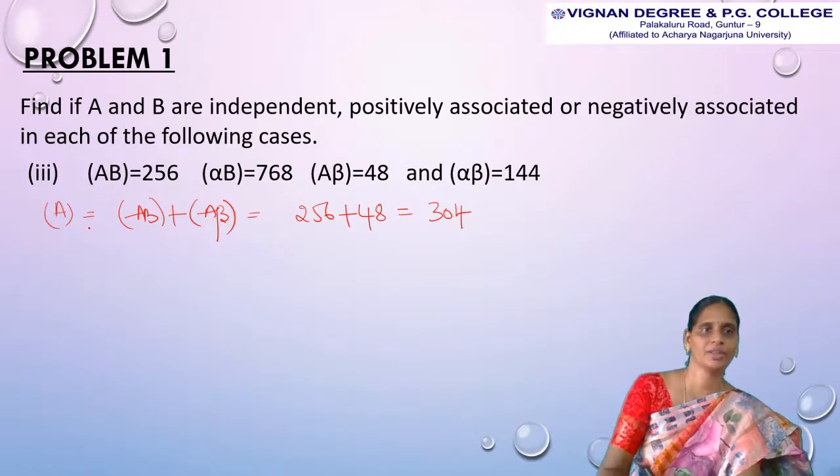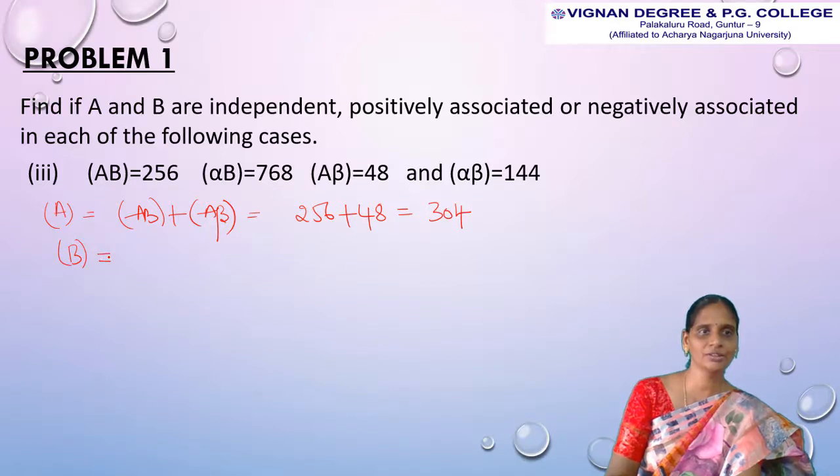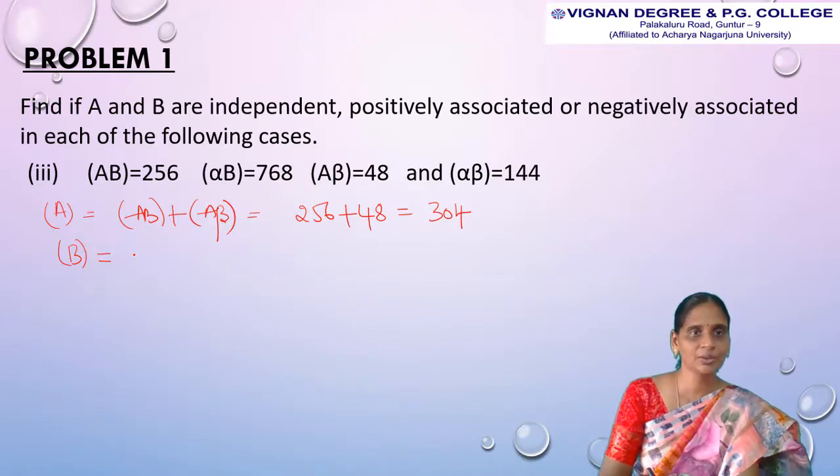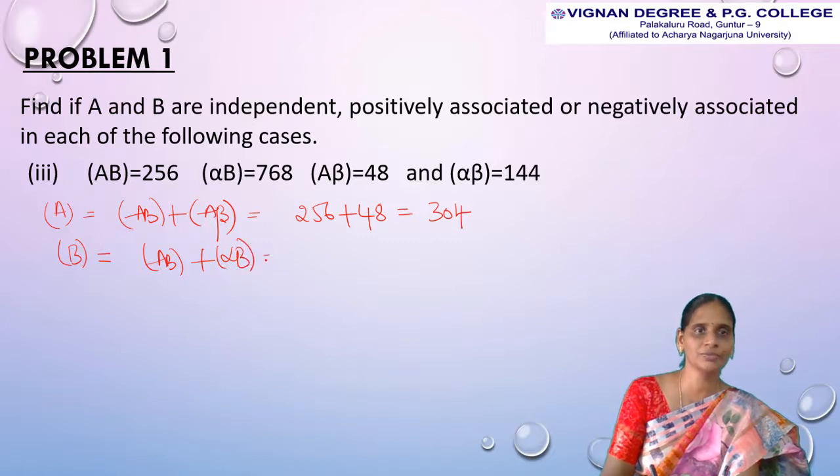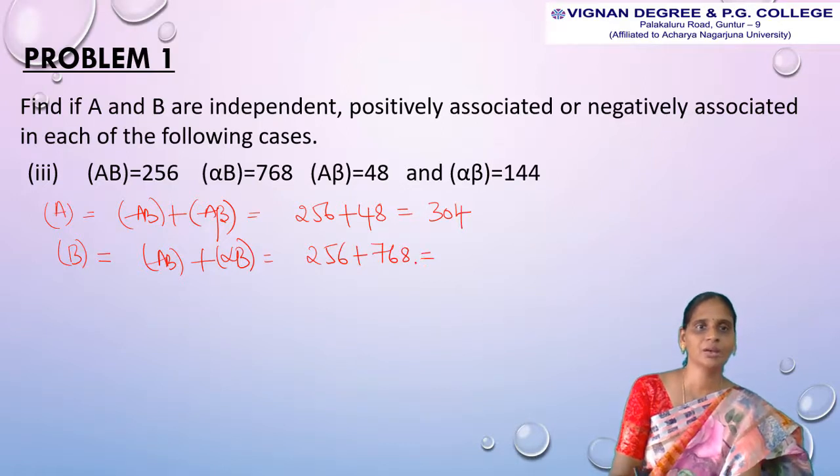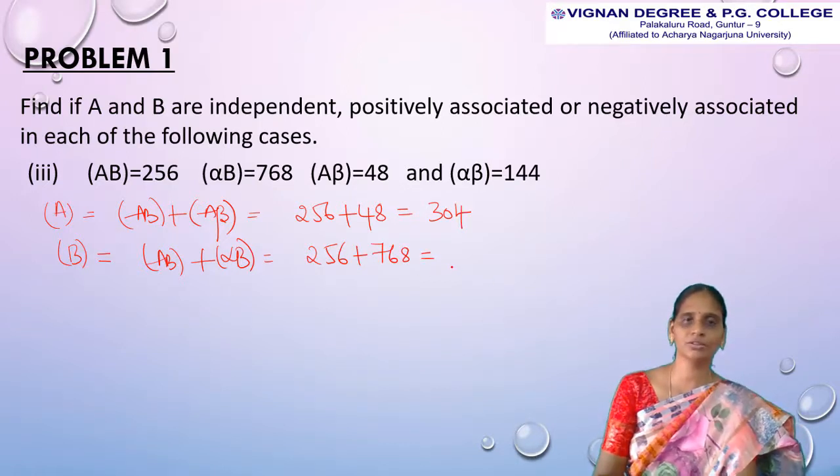And next one is, we have to find the value frequency of B. That is, frequency of B can be written as frequency of AB plus frequency of alpha B. So 256 plus 768. We get the value of frequency of B is 1024.